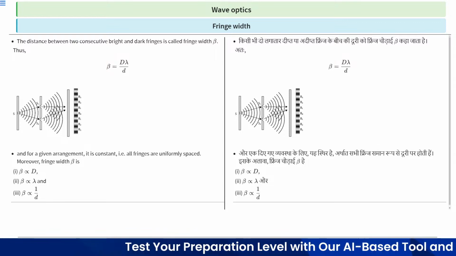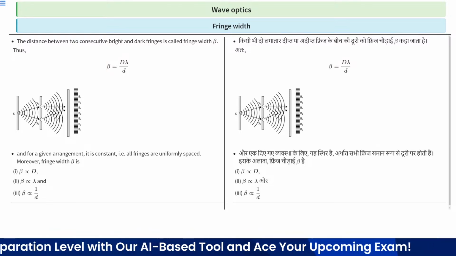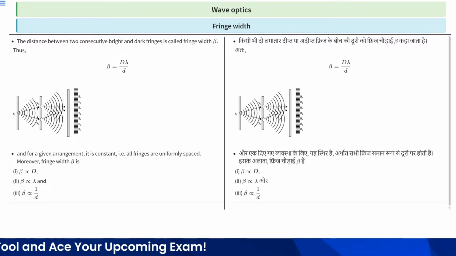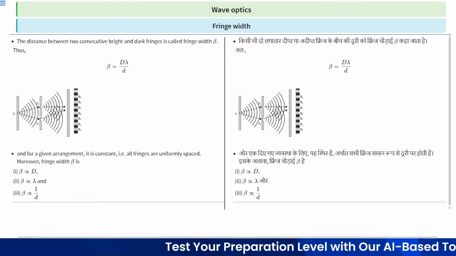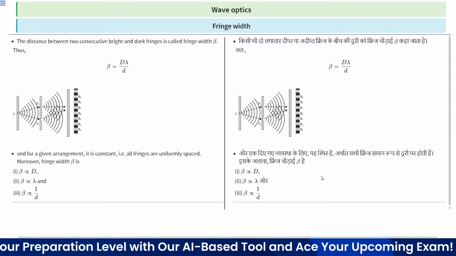So from this formula, I hope all the points are clear. First, second and third are important for the exams. All three relations come from this equation. This is clear.